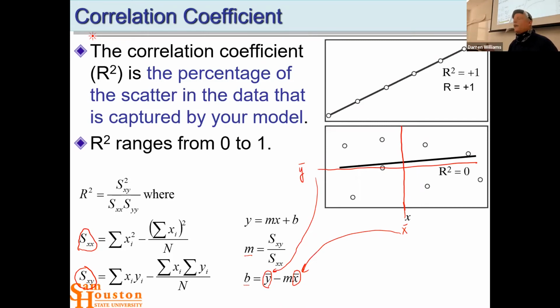Now you need to do the ANOVA to get the P values for M and B, but in terms of M and B and S_M and S_B and calculating your uncertainties and so on, you don't have to go through the ANOVA or regression tool. You can calculate it yourself using these equations. And then R squared is this ratio of the XY term squared divided by X and divided by Y. So you can see how good your model is.